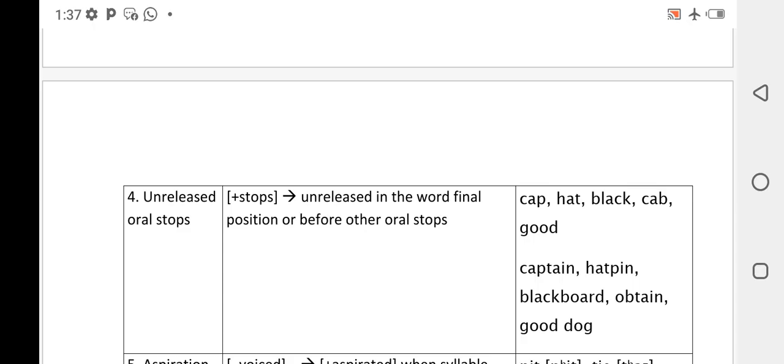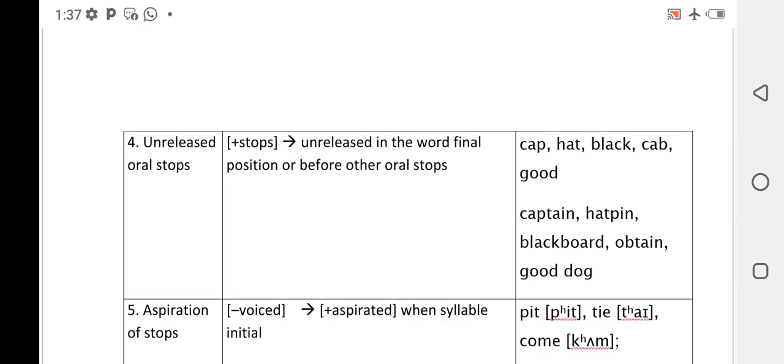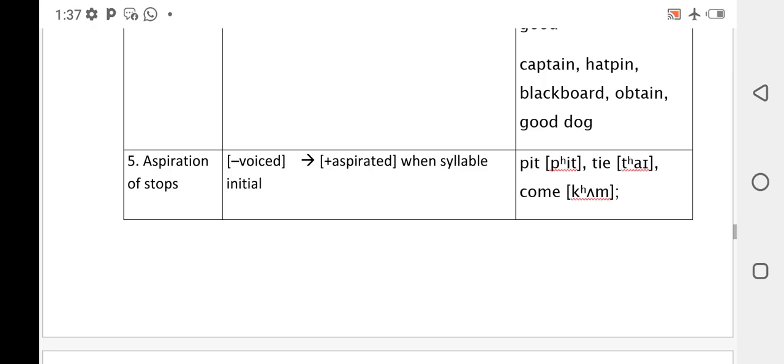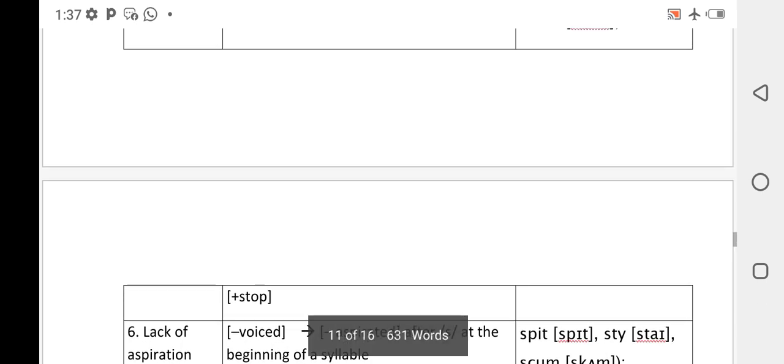So we have, for instance, cap, hat, black, cab, good, captain, hatpin, and the rest of it. We have aspiration of stops. That one we have talked about. Minus voice, that is, they are voiceless. They are voiceless stops.